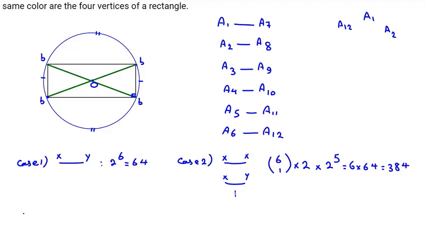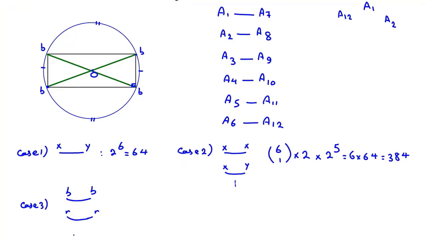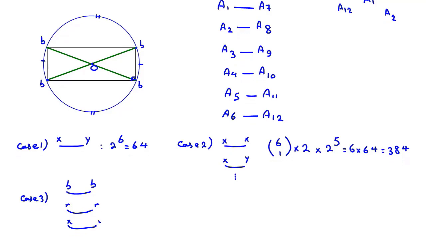Last case, case number 3. If you have 2 diameters that have the same color, if one is XX, the next one should be YY. Or let me tell you, you should have one BB and one RR, because we can't have 2 that have BB. Again, we have this bad thing. And the other ones are XY.